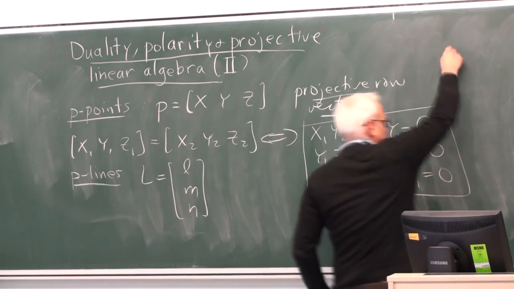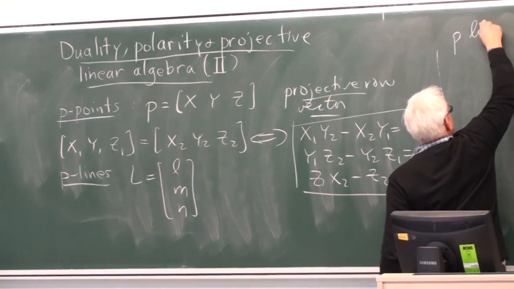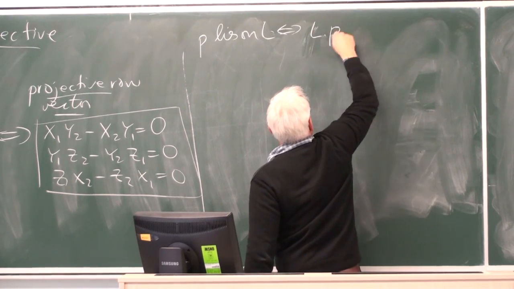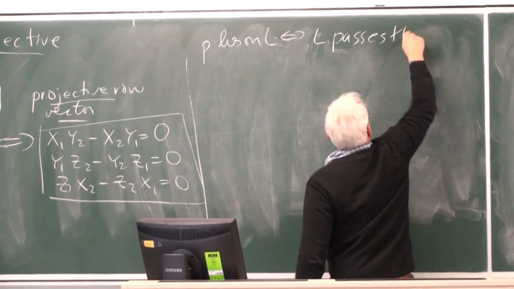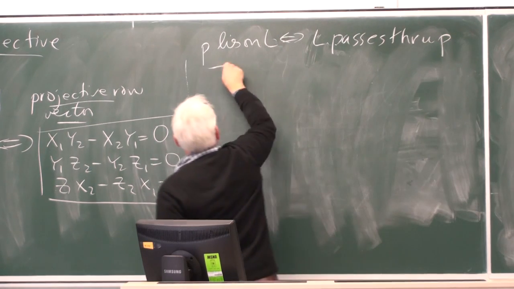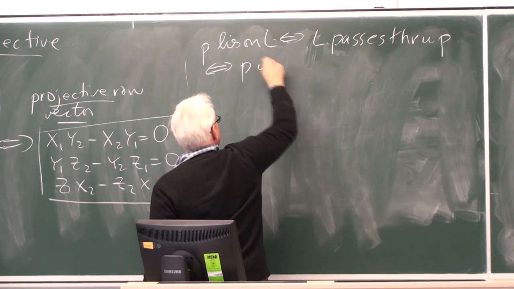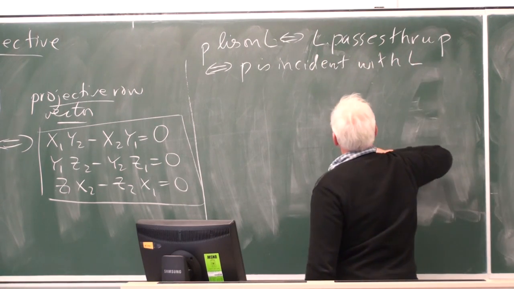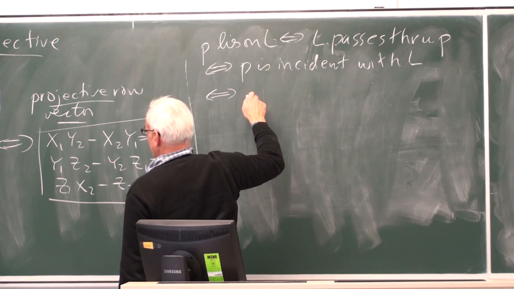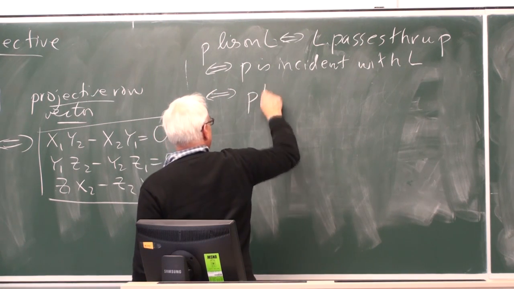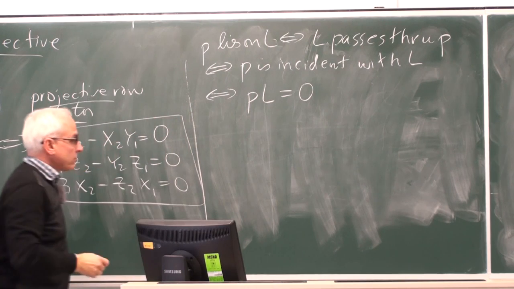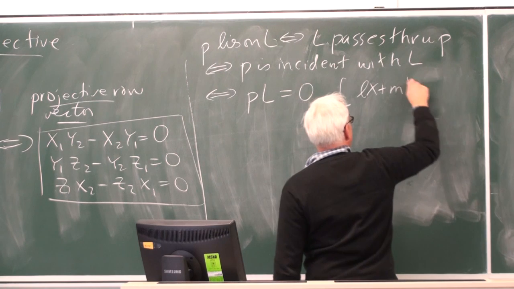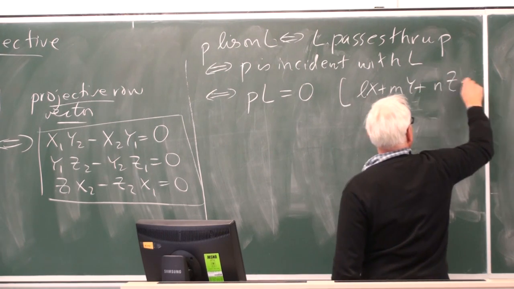And then we had the incidence relation that P lies on L, or equivalently L passes through P, or just more symmetrically, P is incident with L. That's the condition that as matrices, P times L equals 0, which amounts to the condition that Lx plus My plus Nz equals 0.